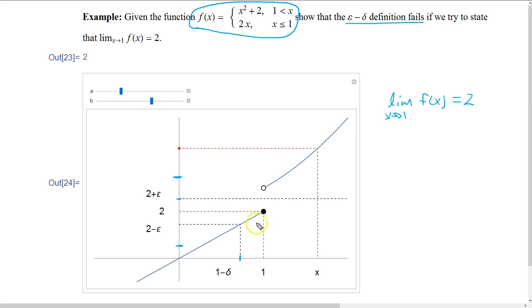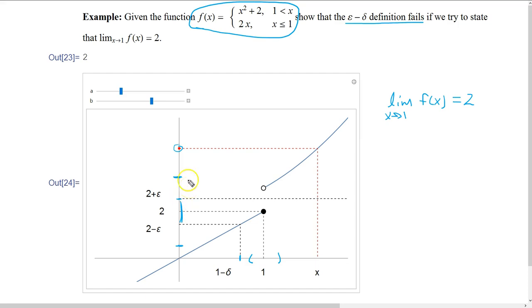However, if we look now, we see that there is no delta neighborhood around 1 in which if I place x in here, f of x stays in here. It doesn't happen because you see, we can let x get all the way as close to 1 as we want, but our function values up here will always stay outside this epsilon band.